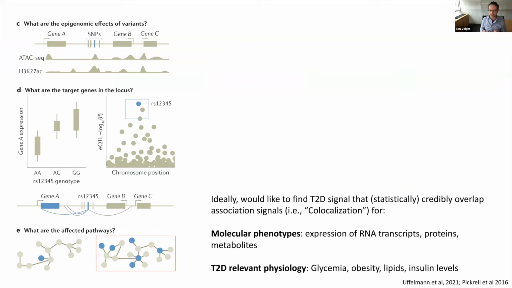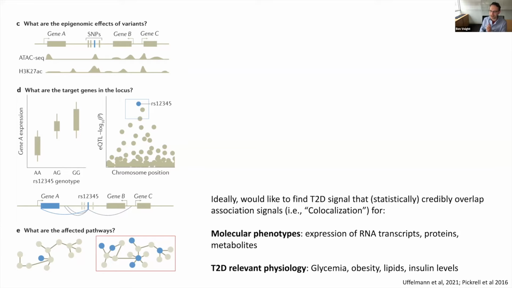So what we'd like to do is say, okay, here's a diabetes signal we think is important, and we'd like to know which of them overlap other types of associations for molecular traits, like expression of nearby genes, protein level expression, or even circulating levels of metabolites, to understand the underlying biology and causes. We might also want to connect individual signals with specific trait-relevant biology like obesity, lipid levels, or insulin levels.